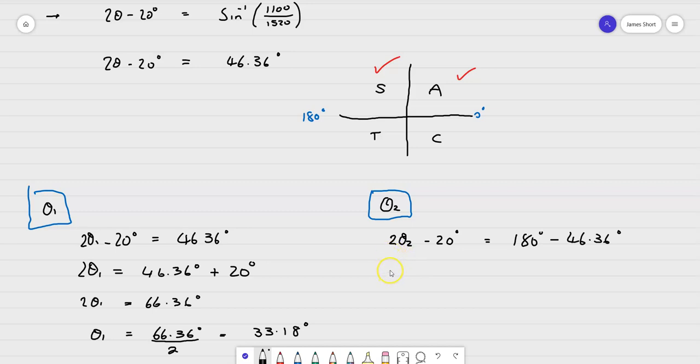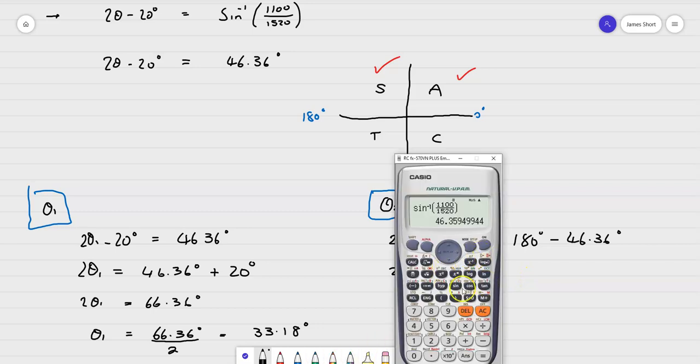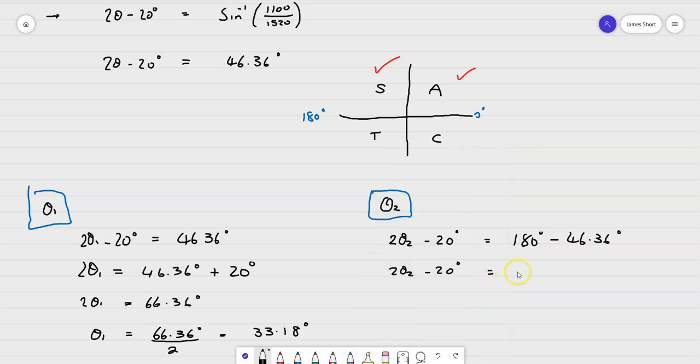And that gives us 2 theta 2 minus 20 degrees is equal to, I'll use a calculator for this, 180 minus 46.36, 133.64 degrees.